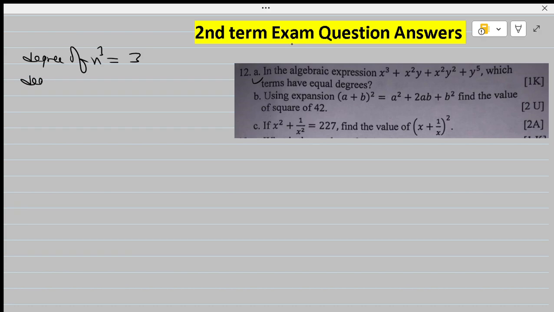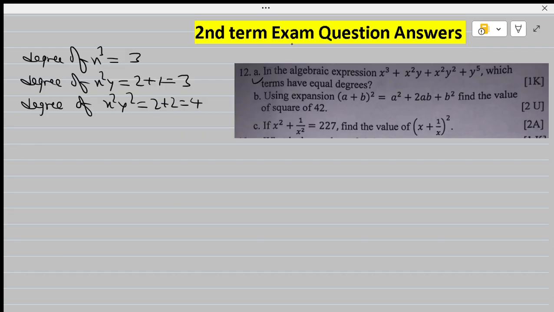And then the degree of x squared y, here two variables exist and their powers are 2 and 1, so the sum of their powers will be the degree of this term, so that is 3. And then the degree of x squared y squared, here the powers of the two variables x and y are 2 and 2, so they get added, so 4 is the degree of this term. And then last there is y to the power 5, so the degree of y to the power 5 is 5.